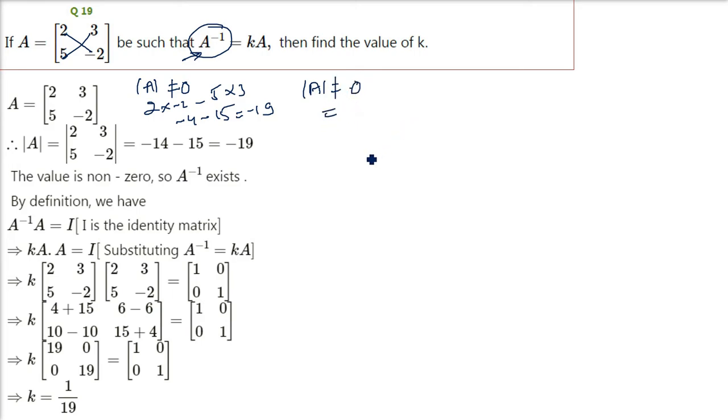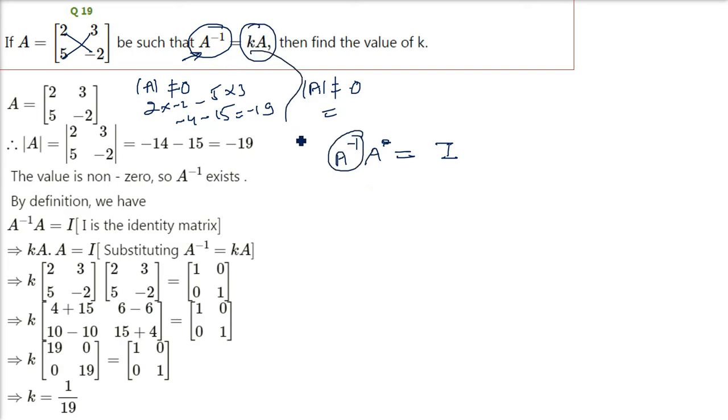So we can say A inverse exists. Now we know that if we multiply A with A inverse, you get the identity matrix. A inverse equals KA, and then we multiply by A. A inverse into A is I, you know it, but we are going to deal with the question.